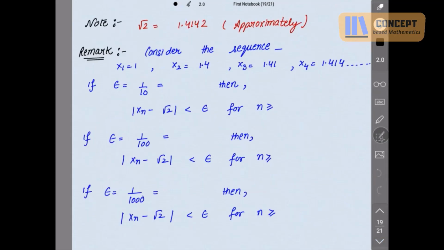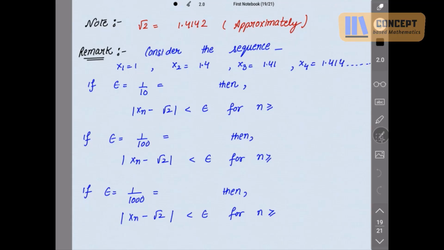Next, there is a very important concept for the convergence of the sequence. Let's look over it. You know that the value of root 2 is approximately 1.4142, right? Just see this remark. We consider the sequence with x1 as 1, x2 as 1.4, x3 as 1.41, x4 as 1.414, then x5 as 1.4142, and so on.